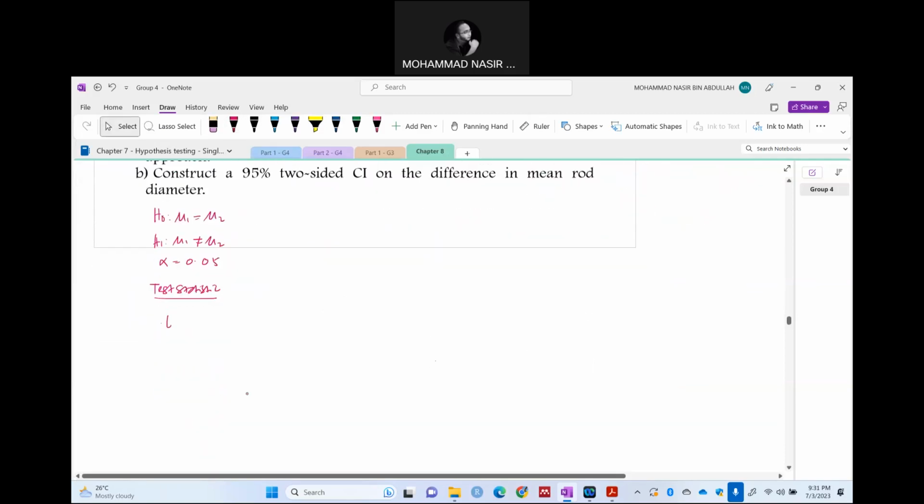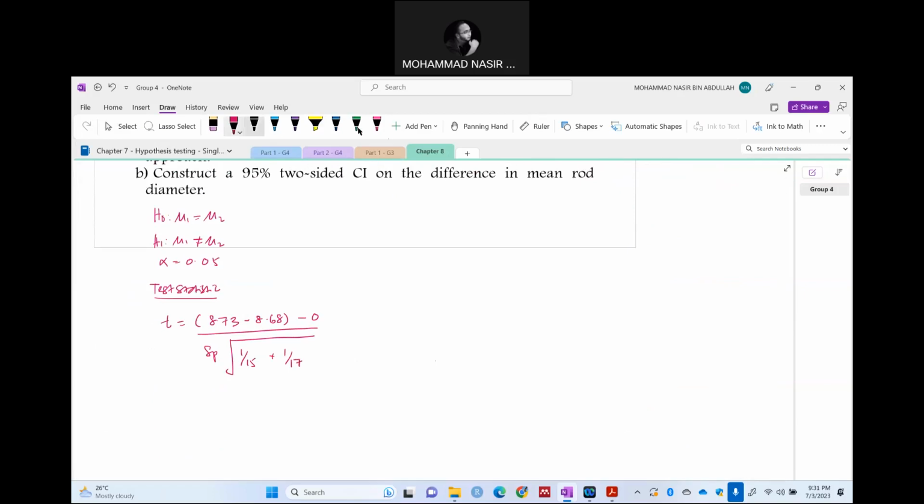T equals X bar 1, 8.37, minus X bar 2, 8.68, minus 0, divided by the pooled standard deviation multiplied by the square root of 1 over 15 plus 1 over 17. This is the basic concept, or the formula.